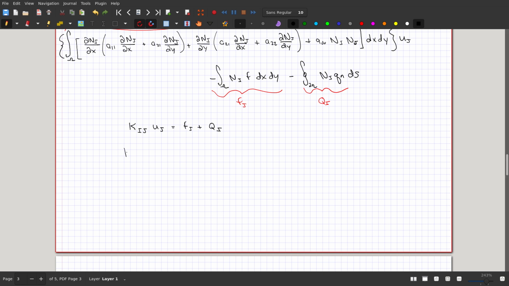So yeah, in vector notation, this would be K, where K is a matrix or tensor, times a vector of unknown coefficients u is equal to F plus Q.